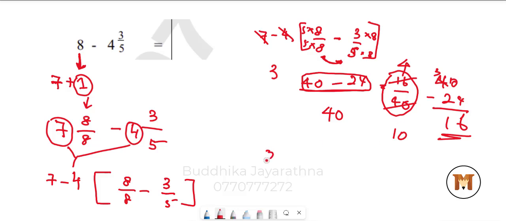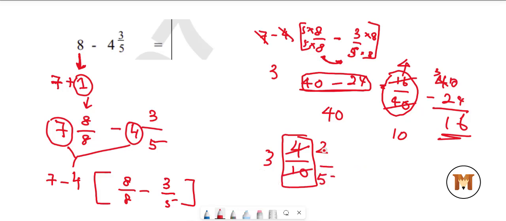So you have 3 and then 4 over 10, but still you can simplify it. 2 times 2, 2 times 5. So you can write the same thing, 3 2 over 5. Can you simplify further? No way. So this is the final answer.